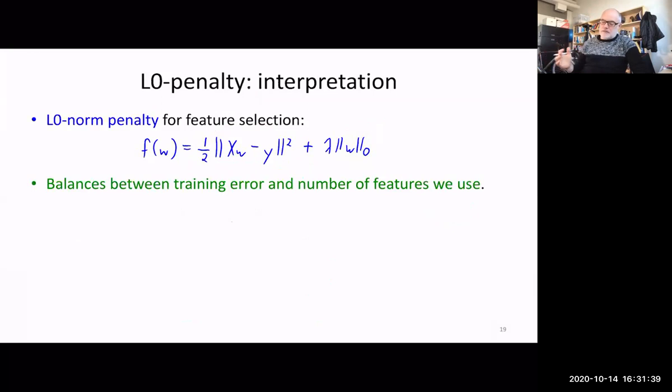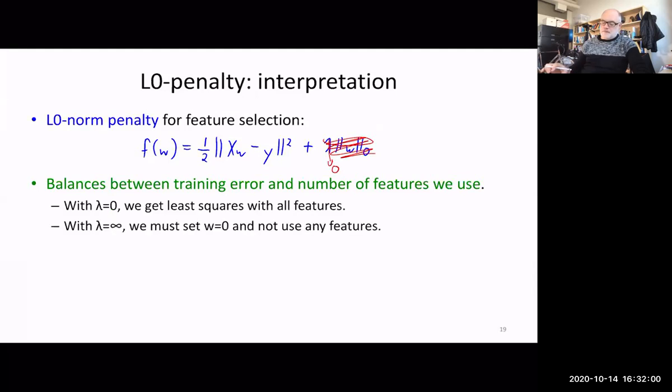Before we get there, let's think about what the interpretation of this L0 penalty is. The L0 norm penalty for feature selection balances between the training error and the number of features that we use. So if lambda goes to 0, we get least squares with all the features, because the penalty goes away. If lambda goes to infinity, then numerically the training error is irrelevant, and what we're trying to minimize is the L0 norm of a vector.